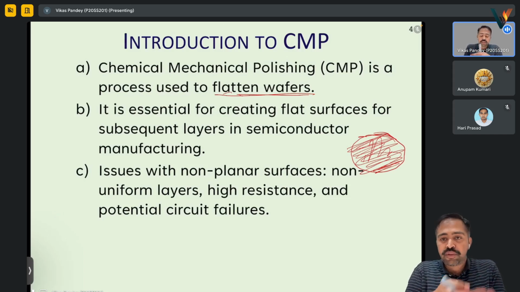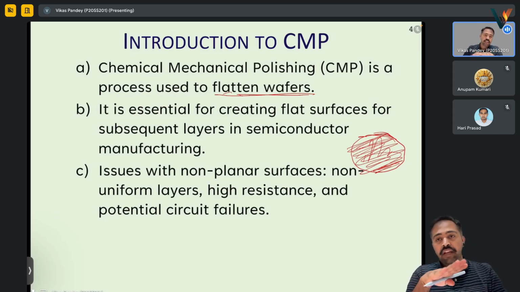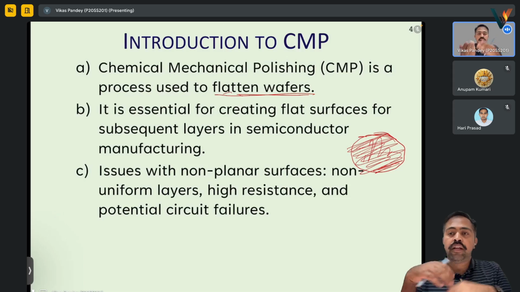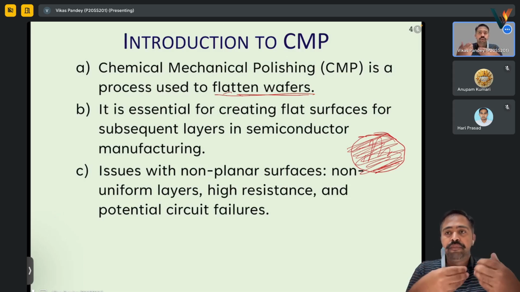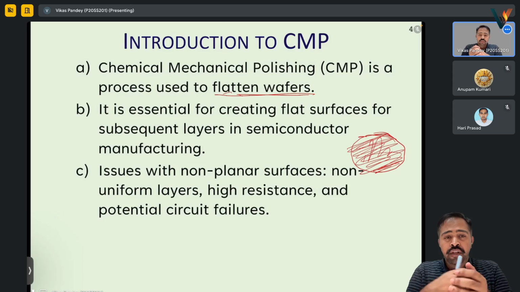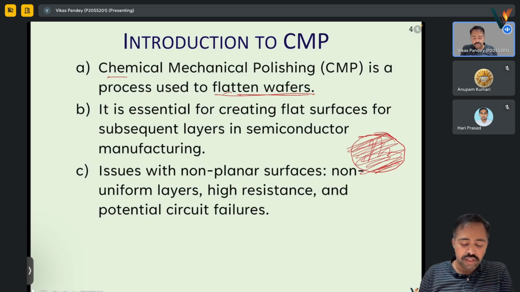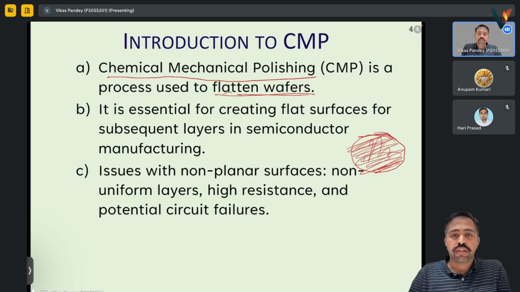So those variations have to be cleared, and a uniform surface is to be given for the next, subsequent process, because an error in one layer will lead to more error in the second layer, then more in the third, and so on. So we have to deal with this, and this is generally done using a process called chemical mechanical polishing.